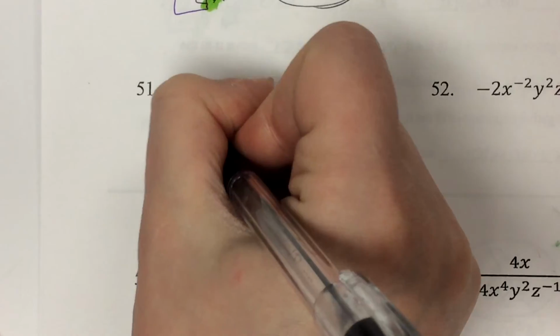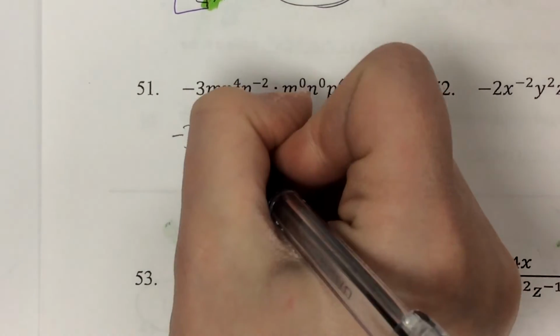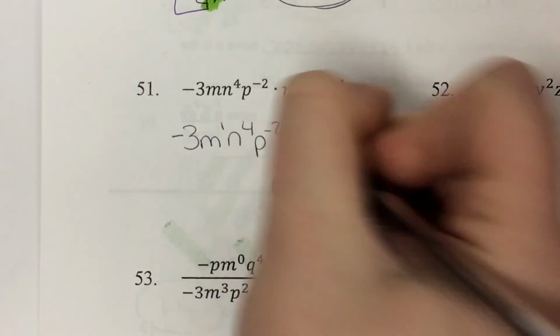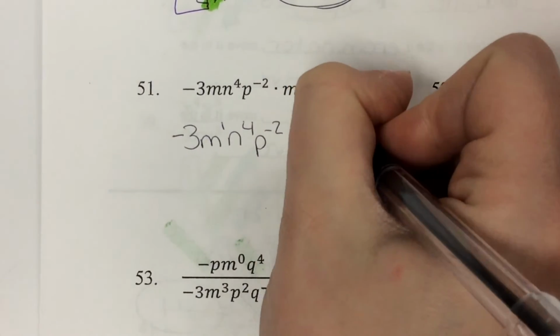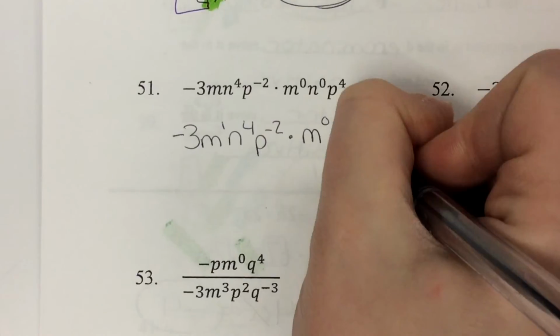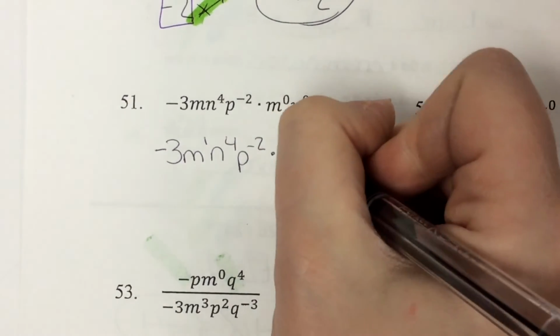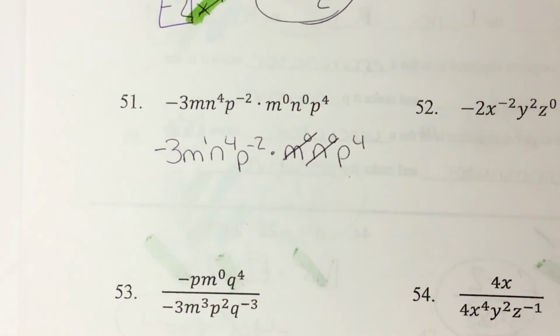Negative 3m to the first, n to the fourth, p to the negative 2 power, m 0 power, n 0 power, p to the fourth. So we have a couple of 0 powers happening here. What do we do with those? Cancel, they're gone, bye-bye. They just become 1.